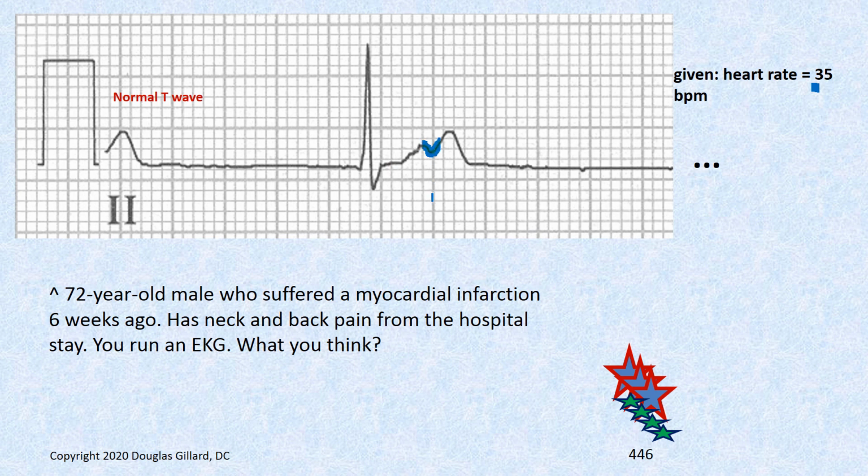It doesn't usually happen, but who's running the show? The junctional region. This is a junctional arrhythmia. In fact, it's a junctional escape rhythm. It's saving him. It's the hero. It's running the heart. This is coming from the bundle of His, which causes a very late inverted P wave. Got it?